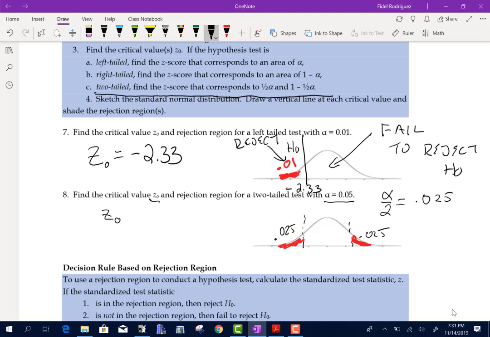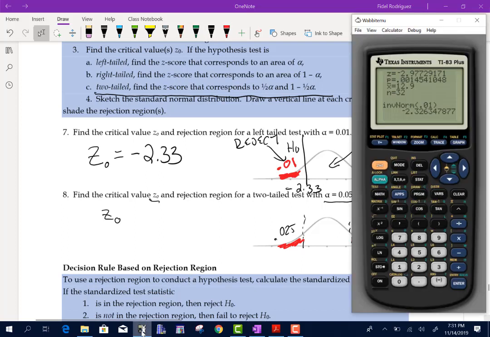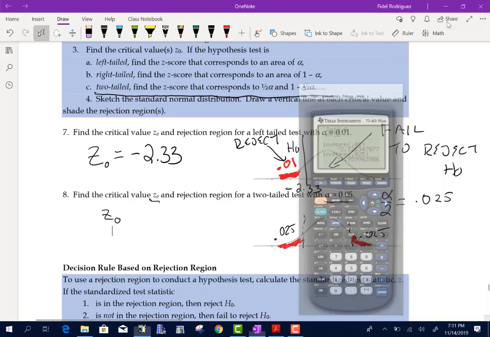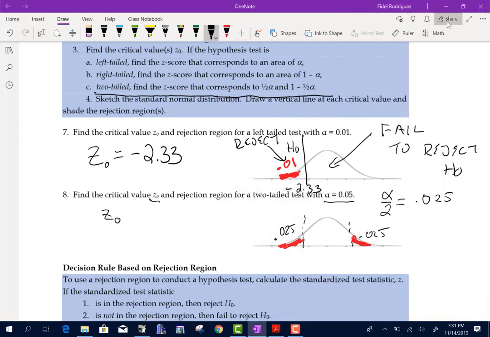Okay, so we're going to come back here, we're going to grab our calculator again. We're going to go inverse norm. Here we go. And 0.025. Okay. And are you coming up with negative 1.96? Okay. So guys, what that's telling me is that this one right here is a negative 1.96.